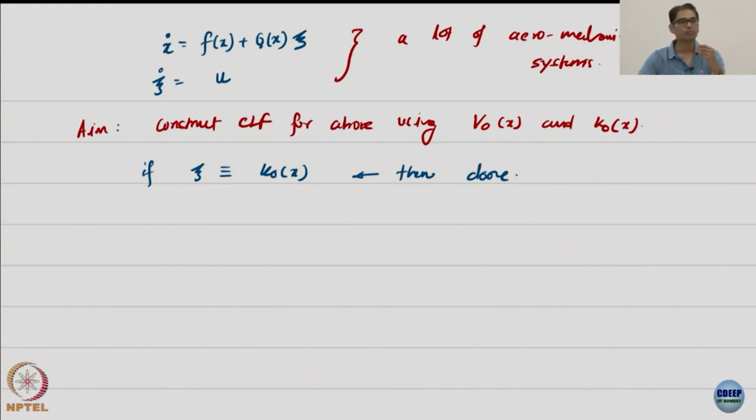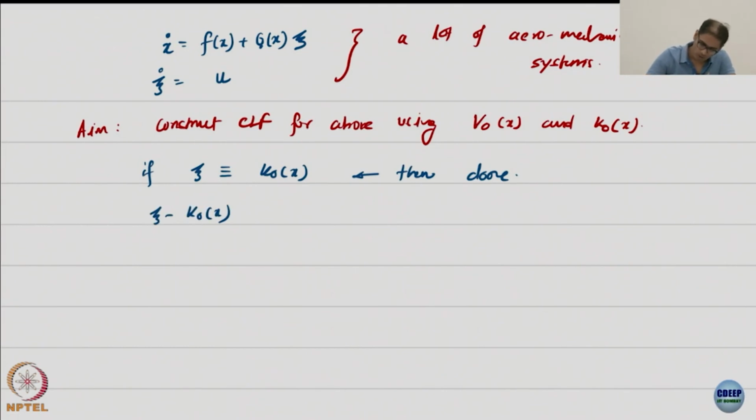Now, the problem is, psi is a state of the system, it is not a control that I can specify. I cannot actually ensure that psi is exactly equal to K0(x). I can't just say I will give you a function of the state and my new state will just follow this function of state; that is impossible. So we do the next best thing: we create an error.